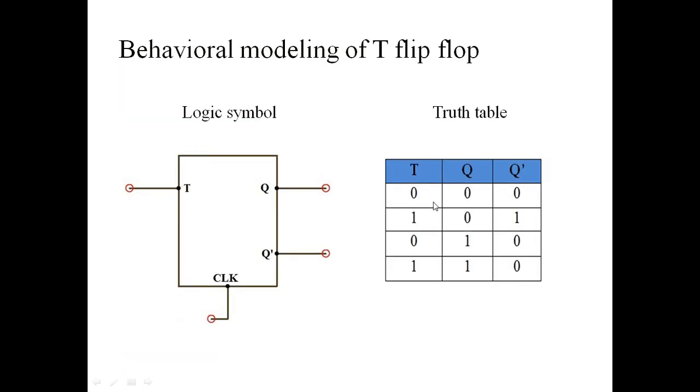T is equal to 0 and present state is 0, then the next state is equal to 0. Okay, and if T is equal to 0, Q is equal to Q, Q bar is equal to Q bar, that is it holds the current state, right?